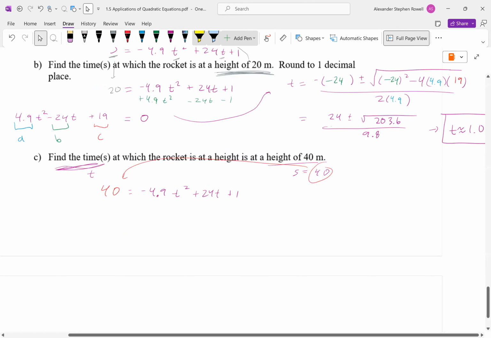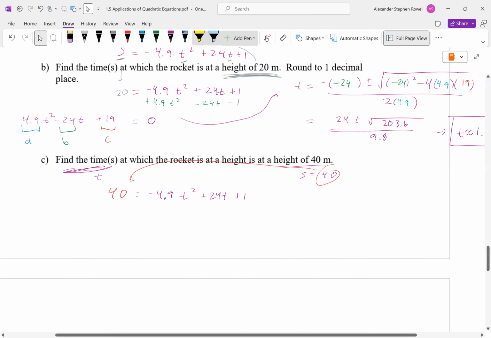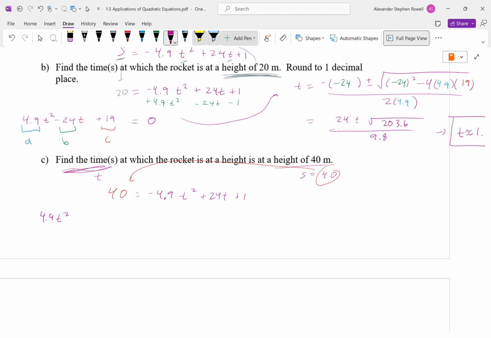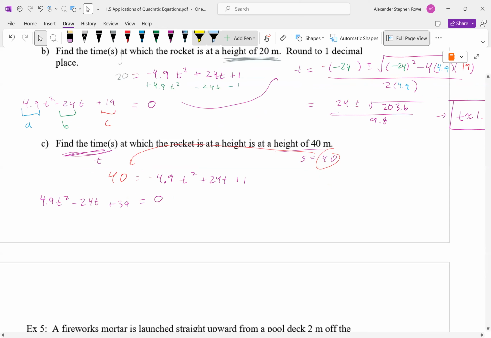Why are they making me do this twice? Let's add 4.9 t squared to both sides. Let's subtract 24t from both sides. And let's subtract 1 from both sides. Let's do the quadratic formula.